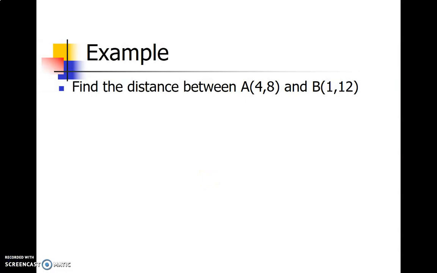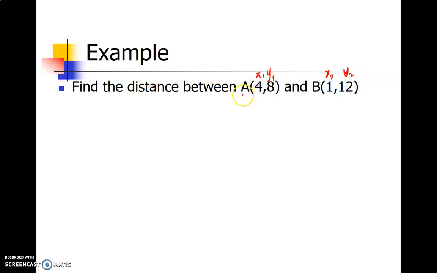Find the distance between point A, x sub 1, which is 4, and point B. This one will be your x1, this will be your y1, this one will be your x2 and y2.